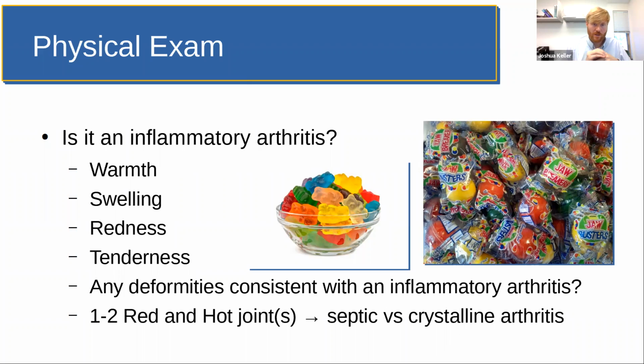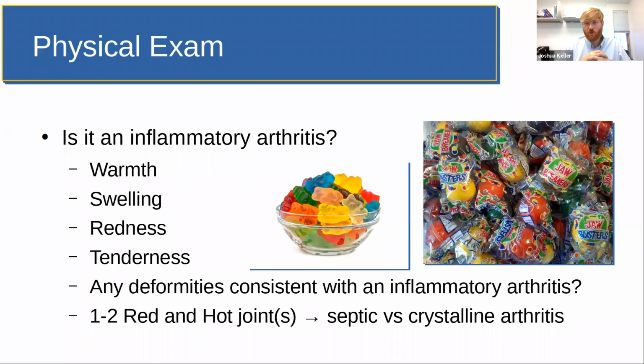In terms of the swelling, there could be bony joint hypertrophy, like Heberden's and Bouchard's nodes in osteoarthritis. So I put the pictures of the gummy bears and the jawbreakers here. When you're feeling the joint, you want to see if it's a mushy, rubbery feeling versus hard bone underneath the skin that's just larger, which would be more indicative of osteoarthritis.